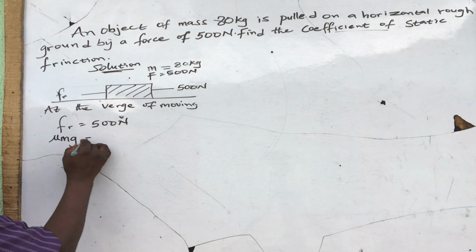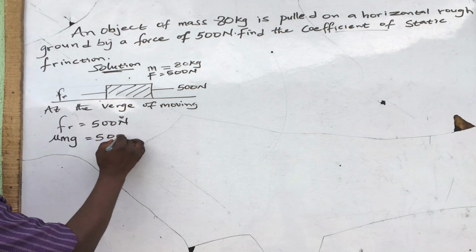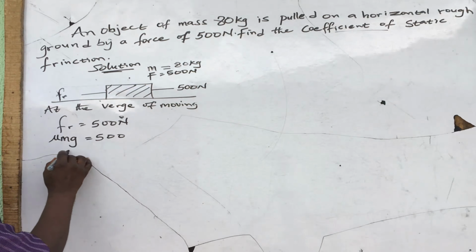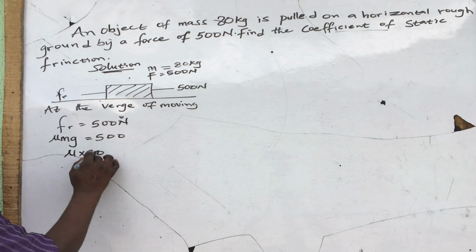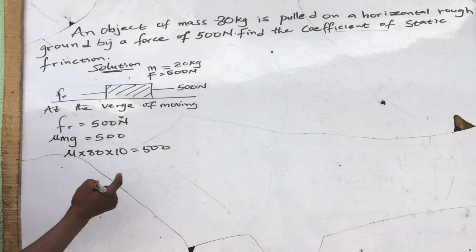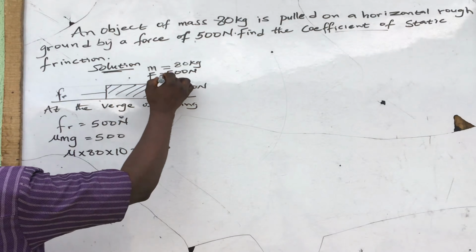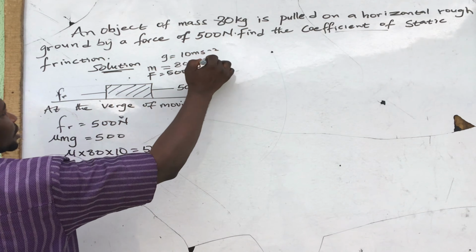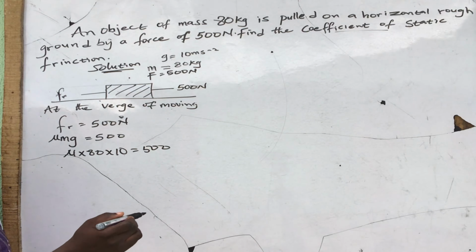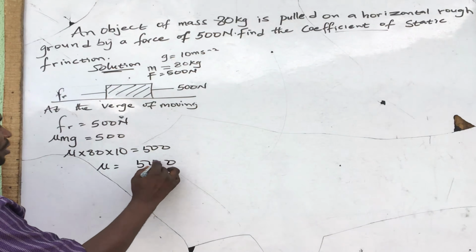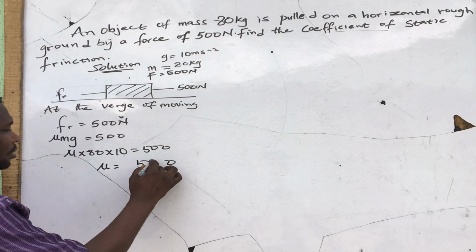So this is equal to 500, and m is 80. So it's going to be this times 80 times 10 equal to 500. Remember, this is acceleration due to gravity, so g will equal 10 meter per second square. So this now equals 500 over 800.